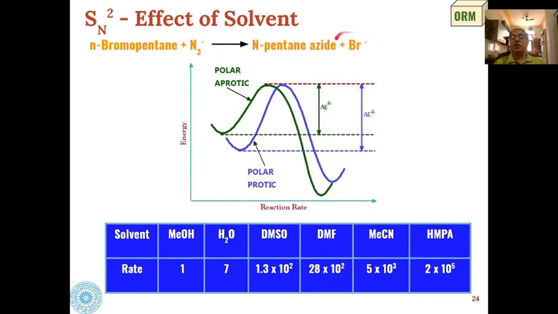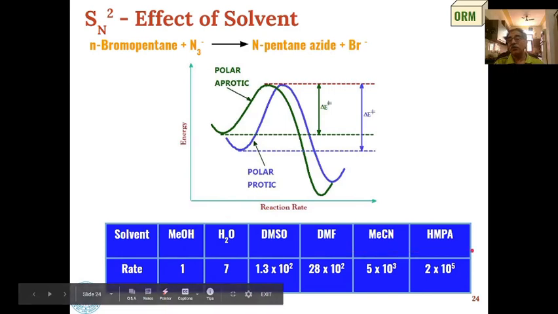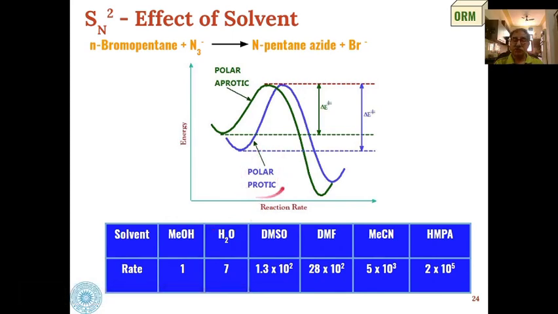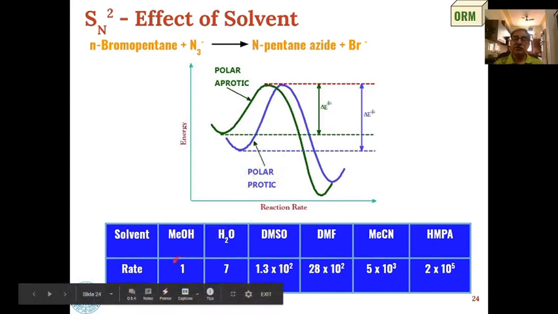And this reaction is performed with all these solvents under same conditions, and this is the rate of reaction which we have experienced. So methanol and water, we know they are polar protic solvents, and in case of methanol, rate of reaction is 1, in case of water it is 7.